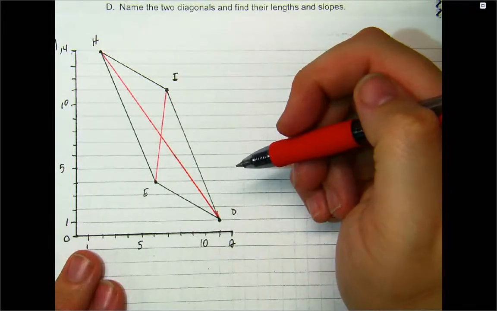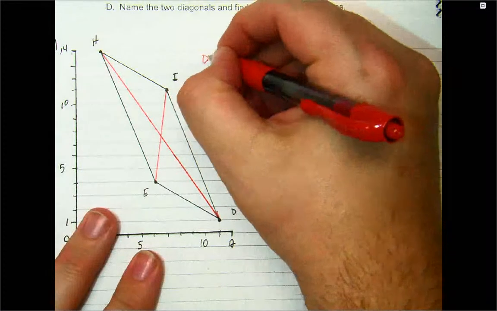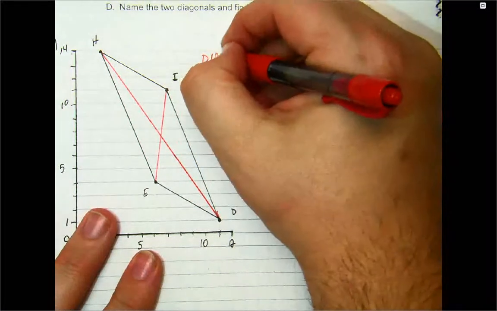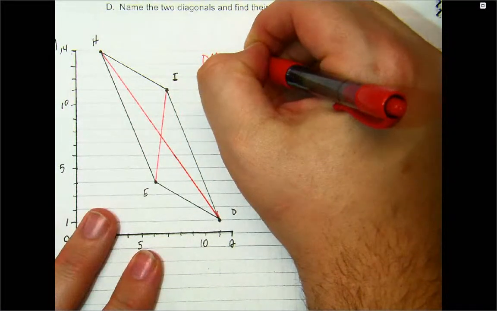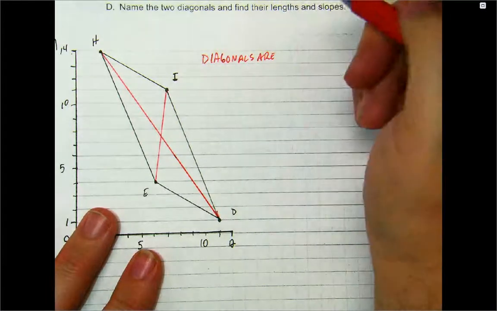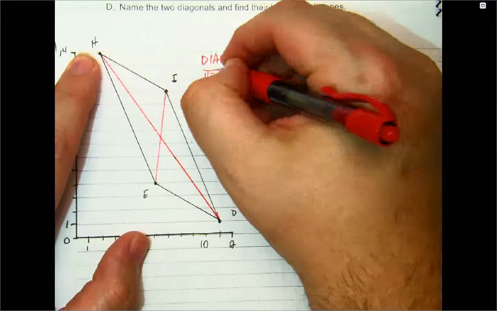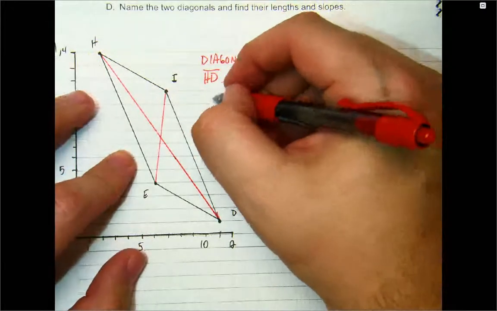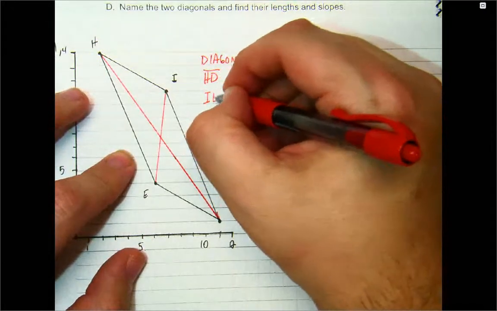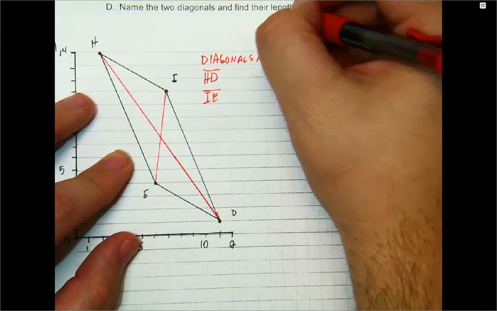So the diagonals are HD and they're IE. And it says find the lengths and slopes of each of these.